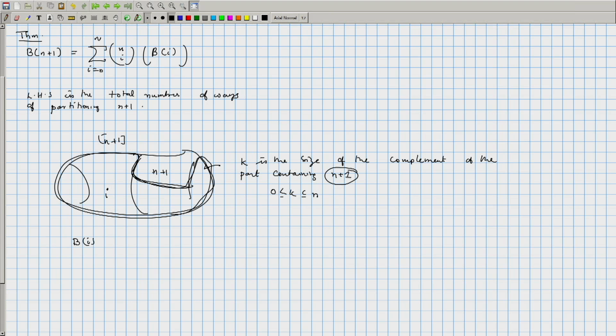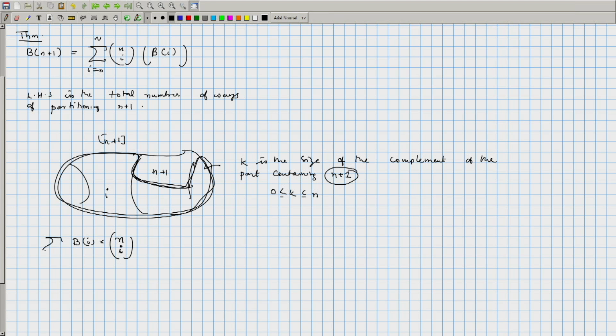But these I elements could have been selected in n choose I ways. N plus 1 surely is not there; out of the remaining n elements, I had to be selected. So, Bi times n choose I is the total number of ways of splitting the n plus 1 elements into different parts, given the size of the block complement.